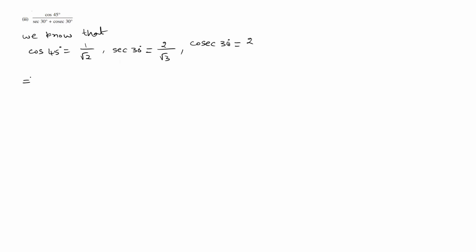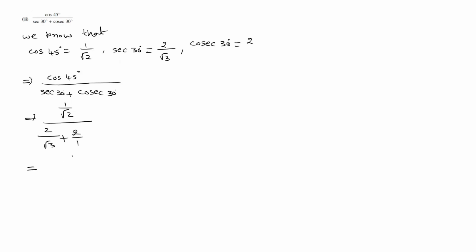So all the values if you substitute here: cos 45 degrees divided by secant 30 plus cosecant 30. So cos 45 is 1 by root 2, divided by secant 30, which is 2 by root 3, plus cosecant 30, which is 2 here. 2 is nothing but 2 divided by 1, so we will take LCM here. 1 by root 2 divided by the LCM of root 3 comma 1, which is root 3.